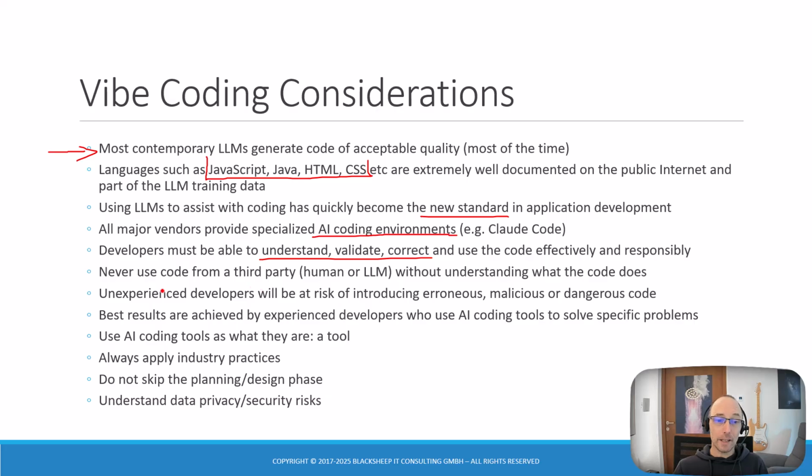If you don't have that experience as a programmer, if you don't have programming knowledge, if you don't know the language, then you are at a very high risk of introducing erroneous or even malicious or outright dangerous code. So that is the problem. Not even beginning to talk about technical debt, where you just amass code that is a problem maybe half a year or 1 year from now or later.